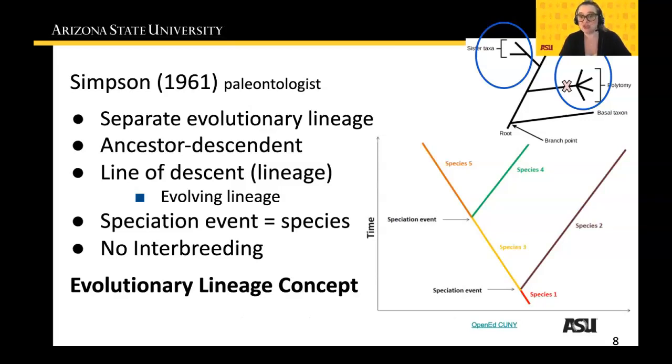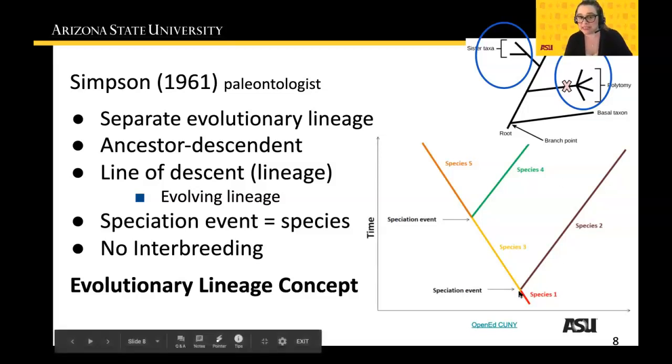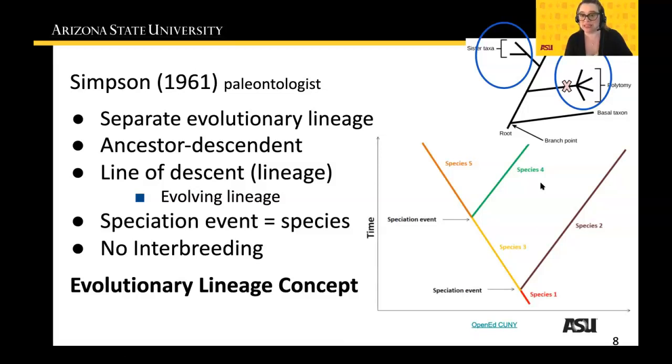He said each new species comes from a speciation event, and that there's no interbreeding between the ancestral species and the new species, or among other new species. This is known as the evolutionary lineage concept. The way that Simpson attributed this lineage is that there is an original species that branches off into additional species, right?